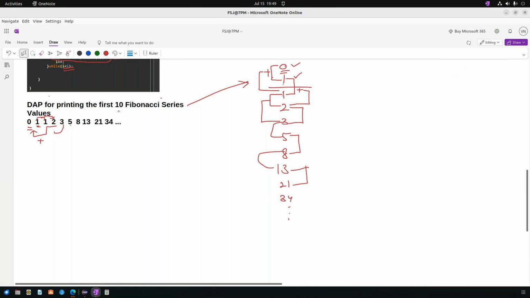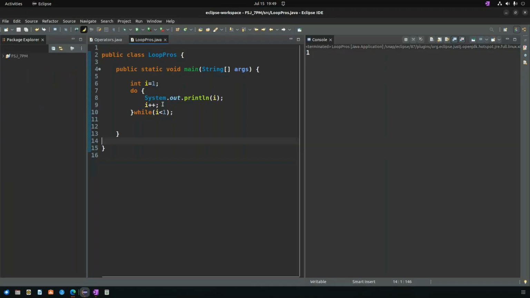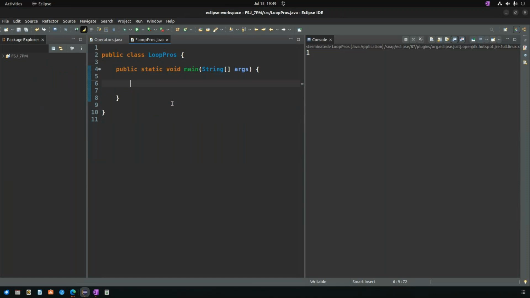Now we need to pick up the first 10 Fibonacci series. How are we going to print the first 10 Fibonacci series? As I told you, the first number will always be 0 and the second number will be 1.